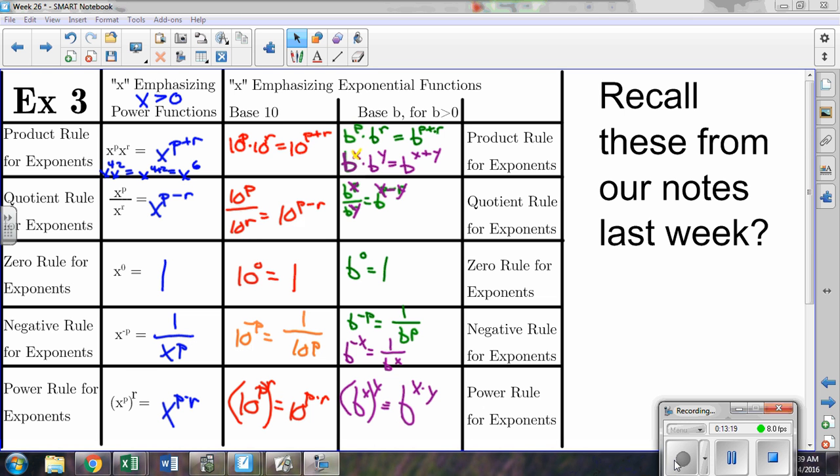Although we finished the examples for the compound interest, we still need to create some formulas specific to base E. So you remember all these notes from last week? How we looked specifically at exponent rules emphasizing power functions, and we could take the same facts and write them as a base 10 exponential.